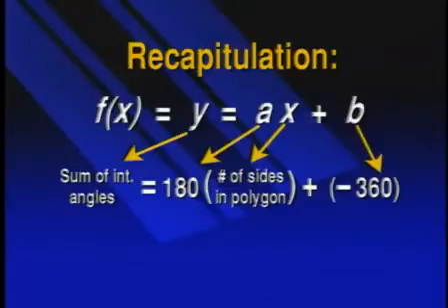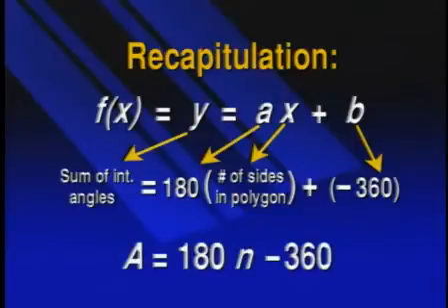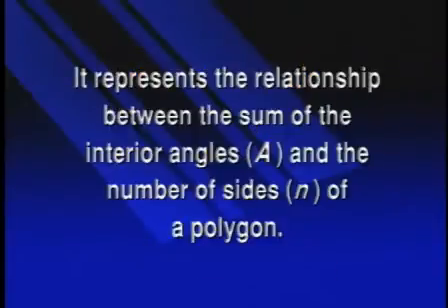If we write that with capital A for the sum of the angles, and n for the number of sides, since it is a whole number, we have A equals 180n minus 360. This is a linear function or equation. It represents the relationship between the sum of the interior angles A, which is the output, and the number of sides n, which is the input for any polygon.